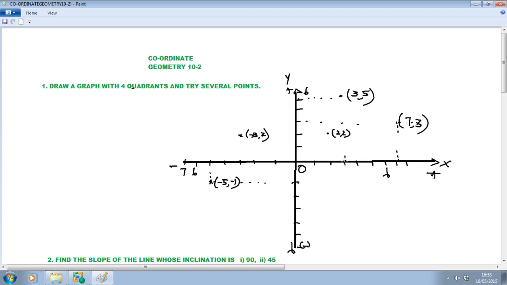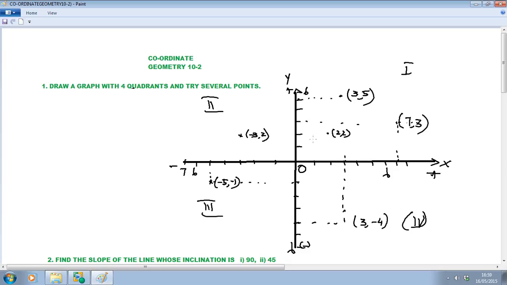Here, for example, this point we will take x-axis is 3, y-axis minus 4. Now, this is called the first quadrant, this is second, this is third, this is fourth. This is similar to two roads cutting at a junction point, and we say, oh, towards east or towards west.